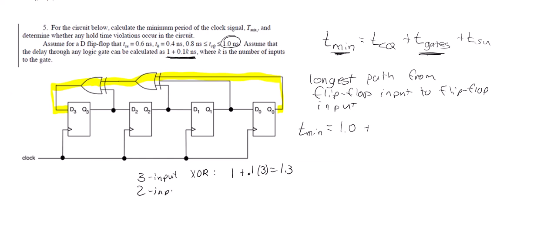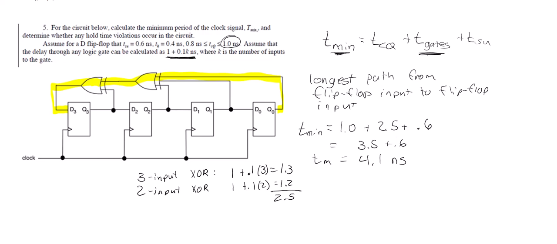And for the 2 input exclusive OR, that'd be 1 plus 0.1 times 2, or 1.2. It has to go through both of those, so that's plus 2.5. Plus our setup time is 0.6. So that's 3.5 plus 0.6, or 4.1 nanoseconds, is the minimum clock time right there.